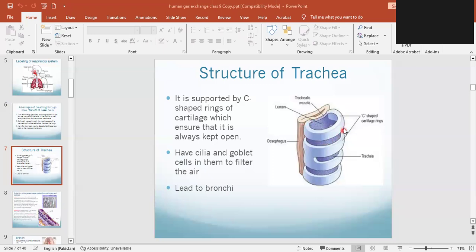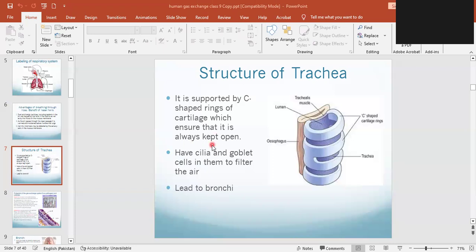If you notice, only the semicircle of the trachea tube is supported by this cartilage, not the whole circle, only half of the circle. That's why it is called C-shaped rings.